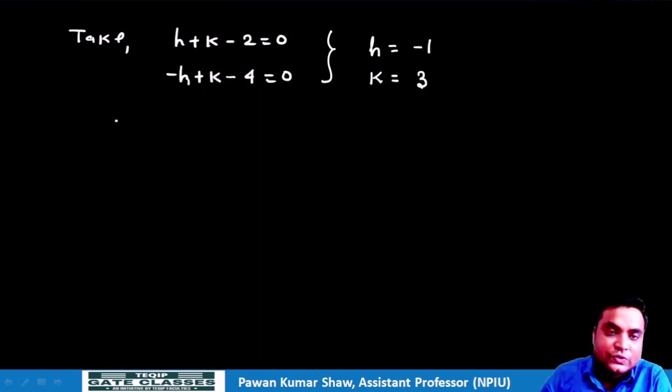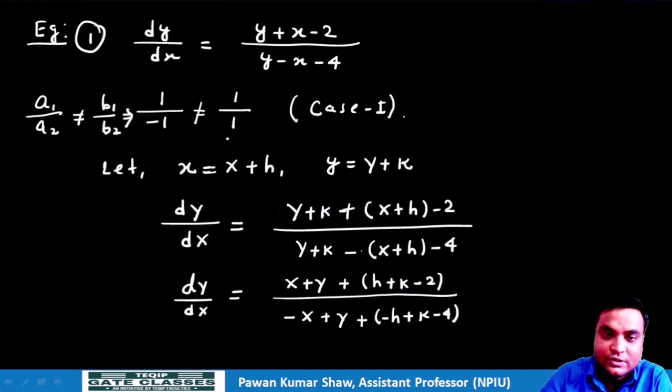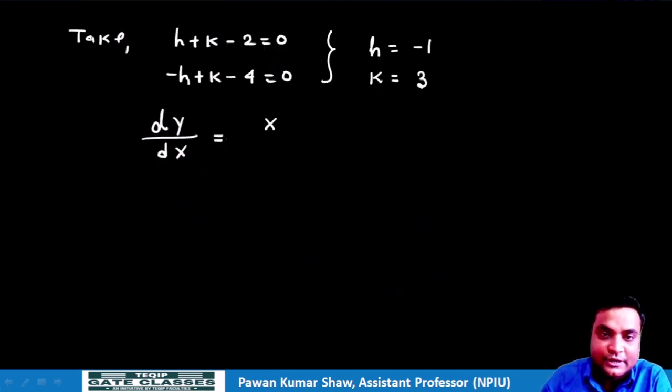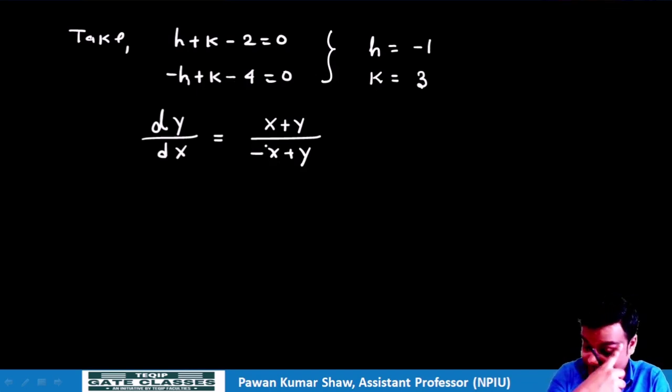Right? So what will be the revised differential equation? That is dy by dx is equal to capital X plus capital Y divided by minus capital X plus capital Y, and now this is a homogeneous differential equation of degree 0.